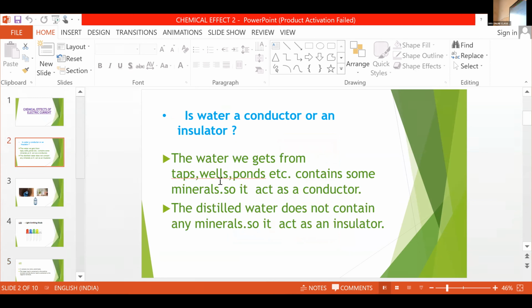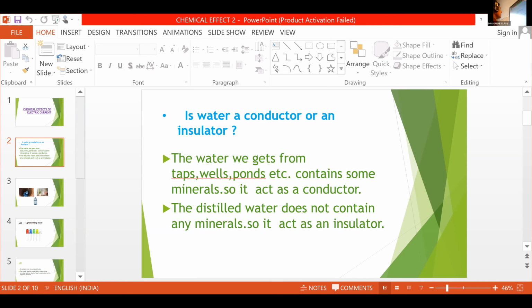Write the third question. Is water a conductor or an insulator? Write the question. Write the answer also.